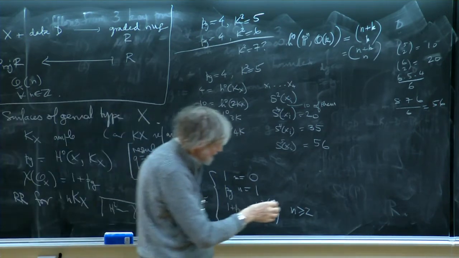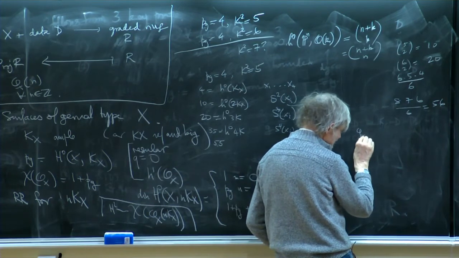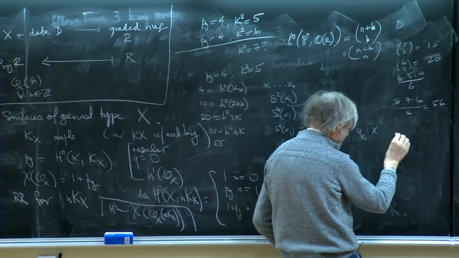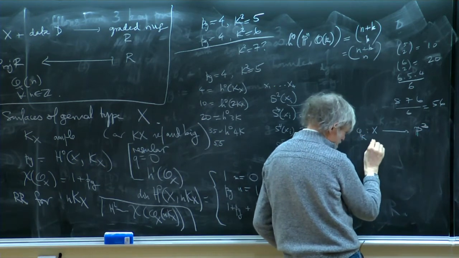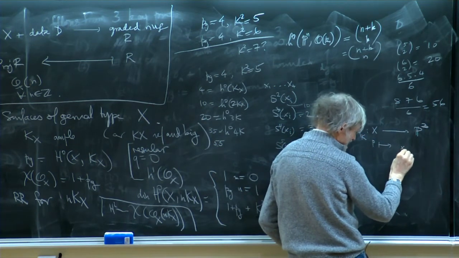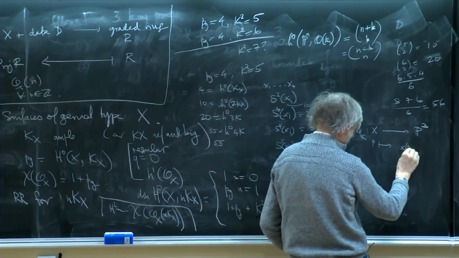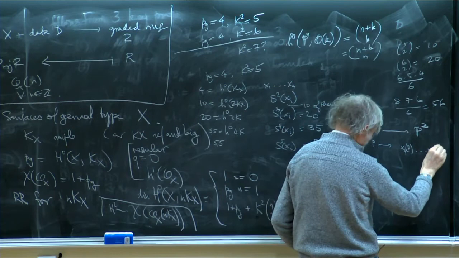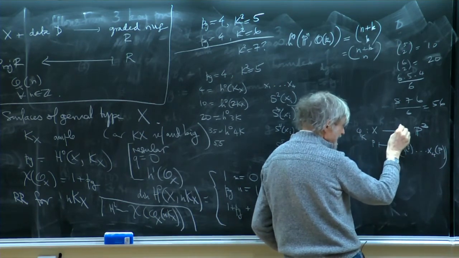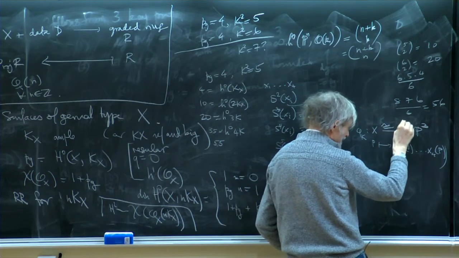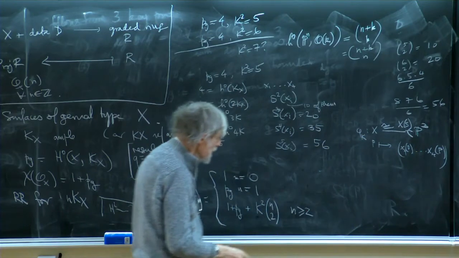Yes? And so this says that if I look at phi k from x into P3, this is the map P maps to x1 of P up to x4 of P. Yes? This could be an isomorphism of x with x5, a hypersurface of degree 5 in P3.